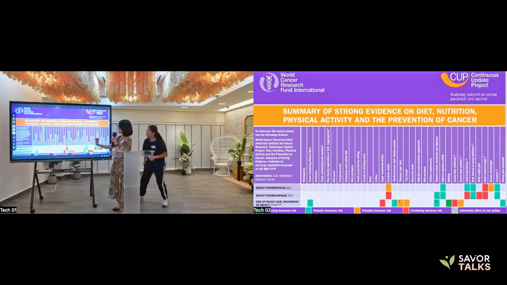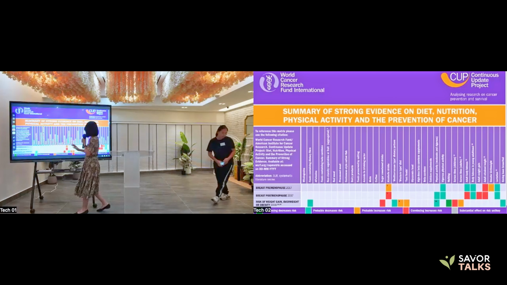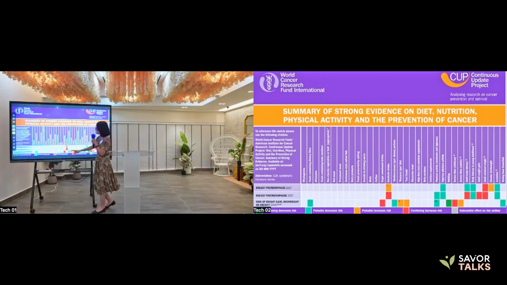Basically we want to remember green color means it's very convincing. A lot of studies have been done, and the study reports are very strong that we can believe it's true. If it's green in color, it can reduce the risk.